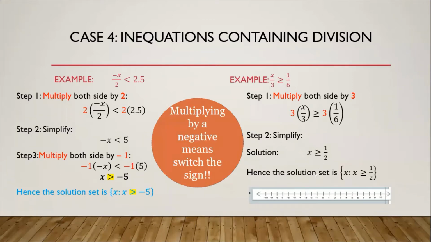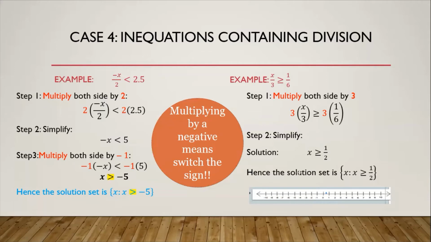That means we should use a closed circle because this is saying that a half is a part of the solution. So we know that a half will fall halfway between 0 and 1. So a half would be somewhere around here. So we'll put a bold circle like that.